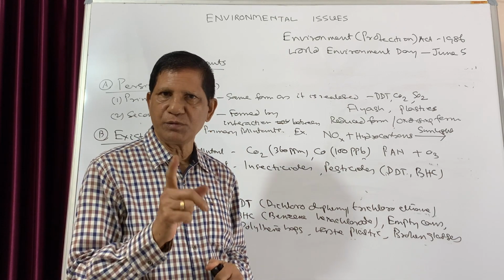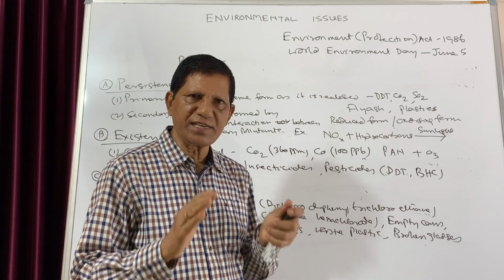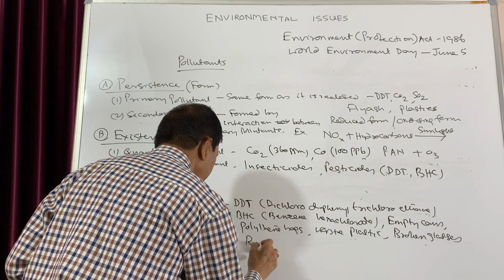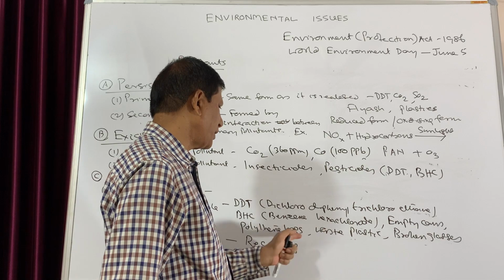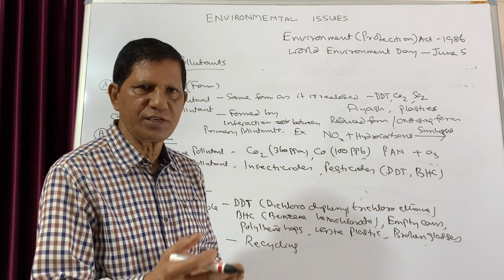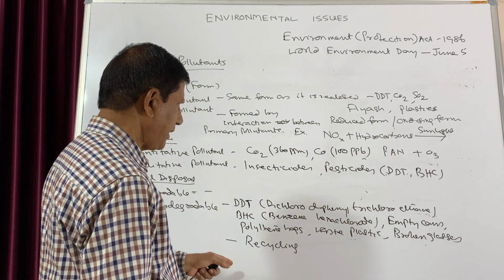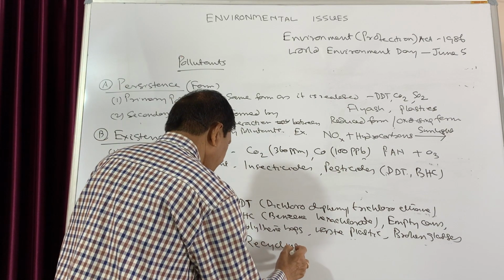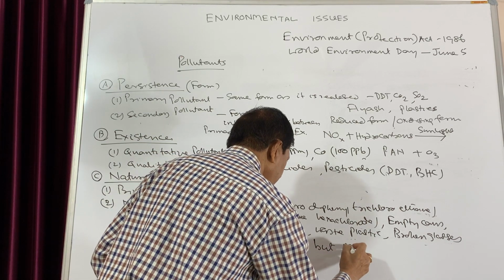But one thing is possible, if some of these can be separated in a scientific manner, they can take part only in recycling. That means waste plastic, polythene bags, and broken glasses can be recycled if they are properly separated, but not others. Some will take part in recycling, but not others.